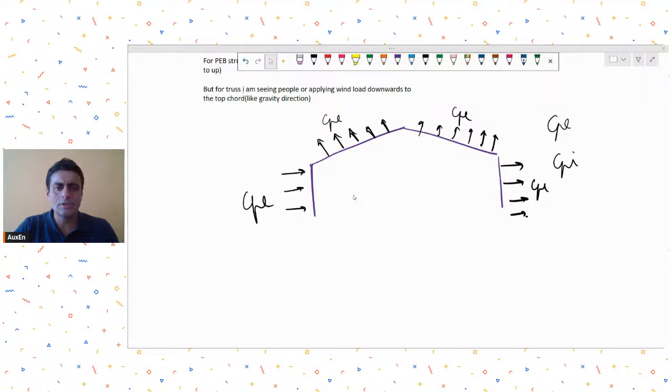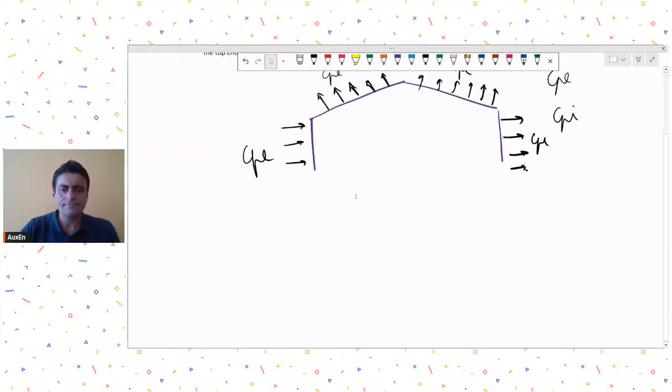And about CPI, what are we told for CPI? We are told that there are two possible directions.